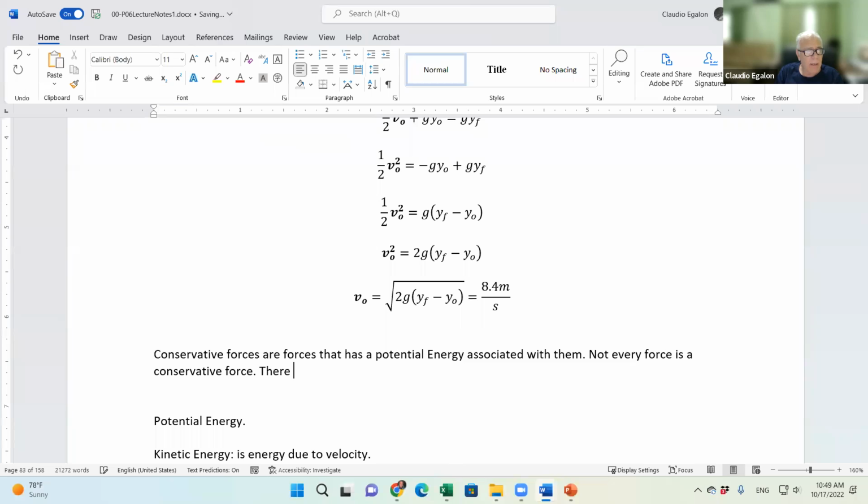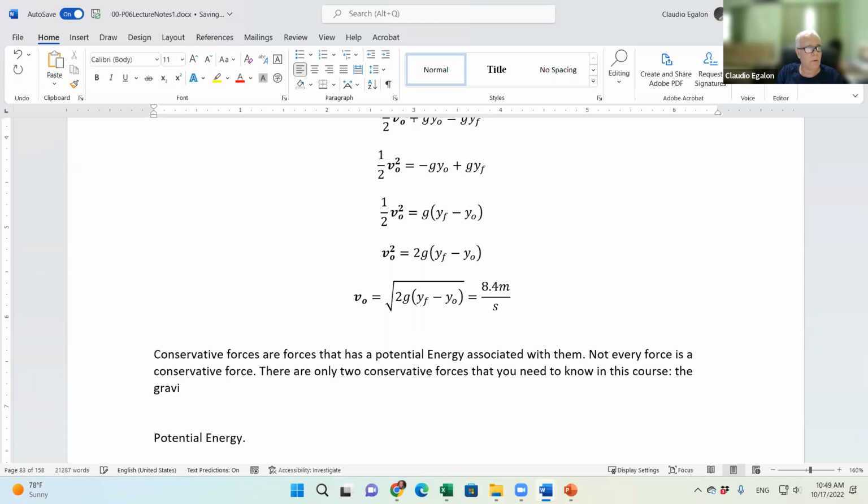There are only 2 conservative forces that you need to know in this course: the gravitational force and the elastic force. Those 2 forces are conservative.